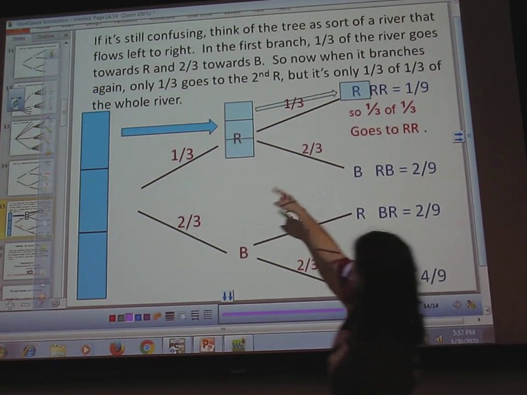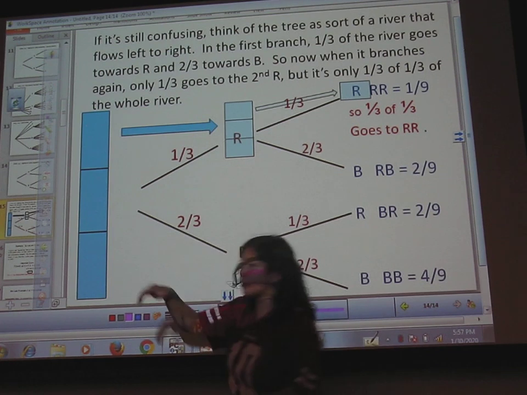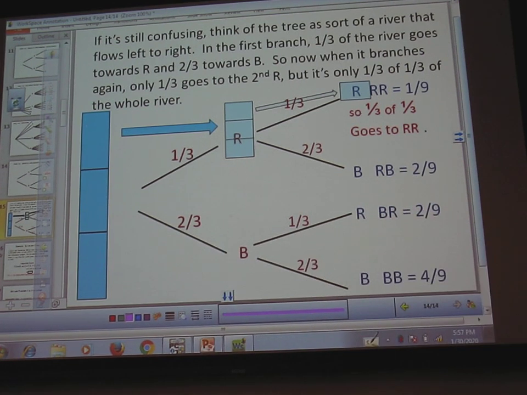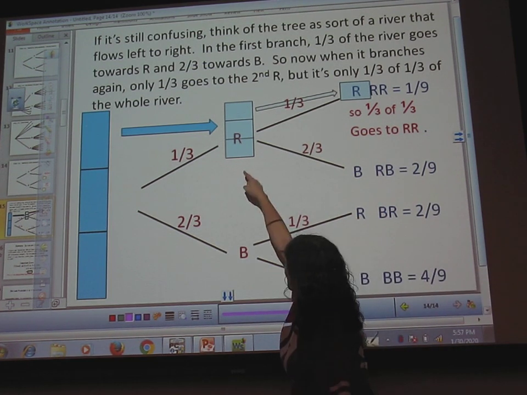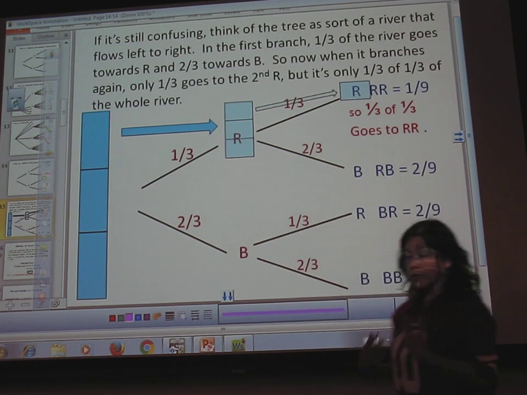This is the whole river, this is the third of the river. That river branches 1/3 to a second red and 2/3 to another blue. But it's not 1/3 of the whole that goes to the second red, it's 1/3 of 1/3 of the river, because they've already branched once. You're only talking about that little bit of the river.